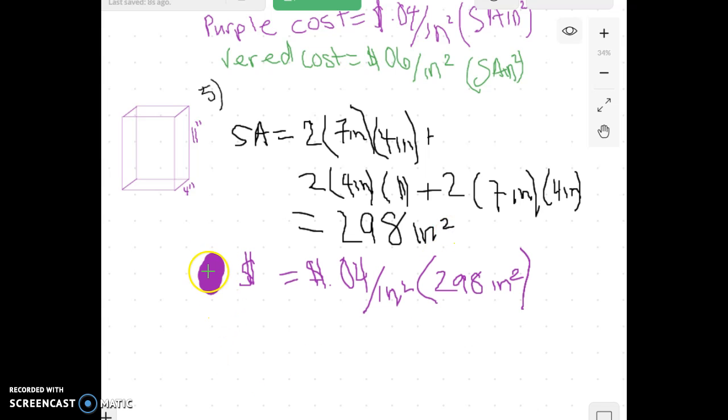Now looking at the cost of our purple wrapping paper, that's equal to 0.04 times 298 inches squared. So the inches squared is going to cancel with the inches squared. Take 0.04 times 298, and that's going to give us $11.92.